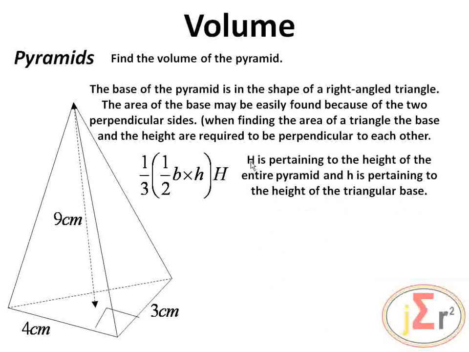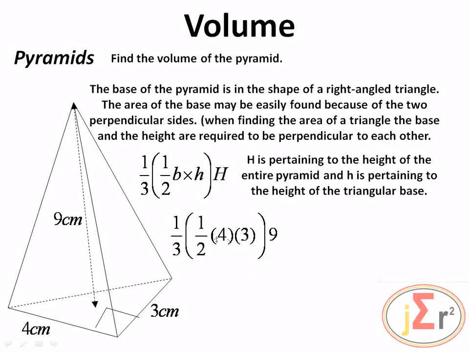Of course we are using two different h's. H, the capital or the uppercase H, is pertaining to the height of the entire pyramid, and the lowercase h is pertaining to the height of the triangular base, or the height of a triangle which represents the base.